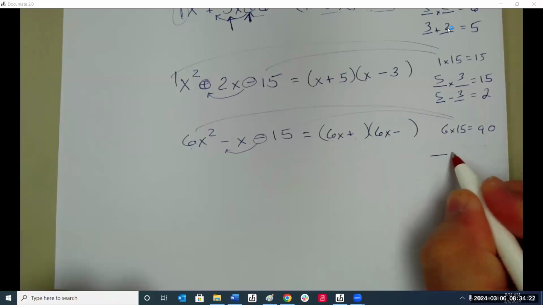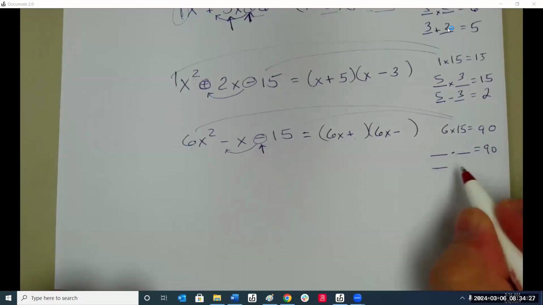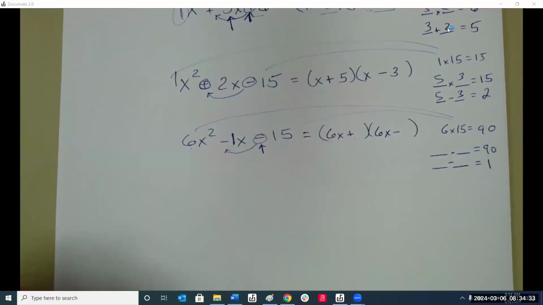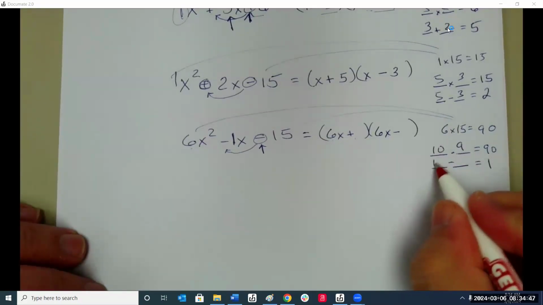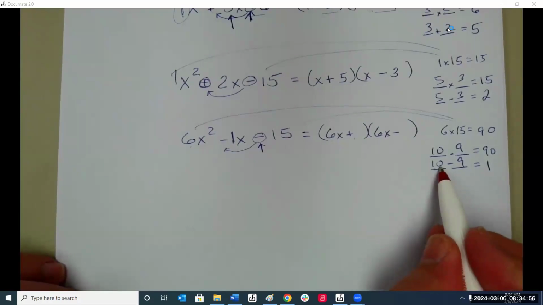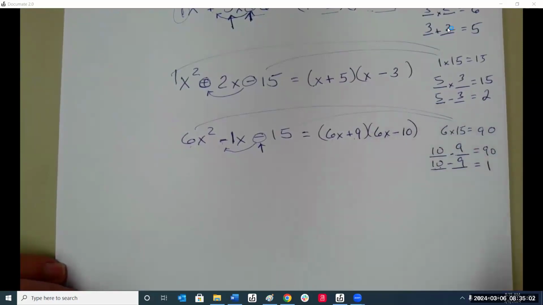So we have to figure out what times what equals 90, that when we subtract them, we get 1. Yep. 10 times 9 is 90. 10 minus 9 is 1. So since 10's the bigger number, it gets the negative sign. So 10 goes here, the 9 goes there.